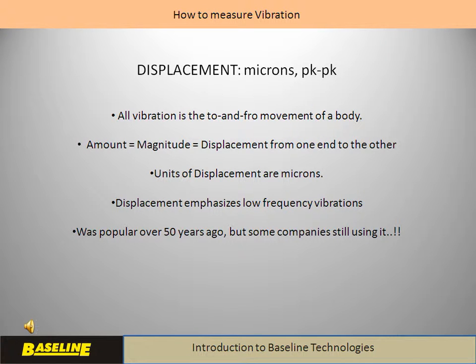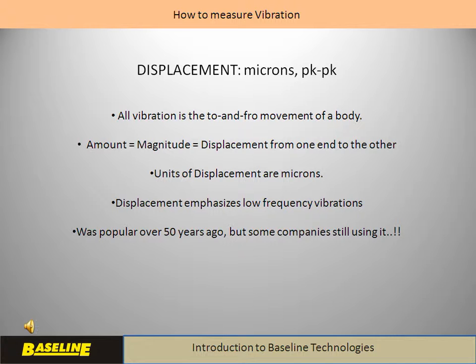Vibration is the to and fro movement of a body around a mean or resting position. It can be measured in various ways. The amount of movement or the magnitude is known as displacement. It is the distance moved from one end to the other and is referred to as peak-to-peak displacement.